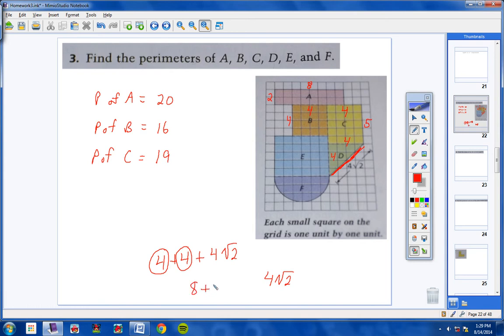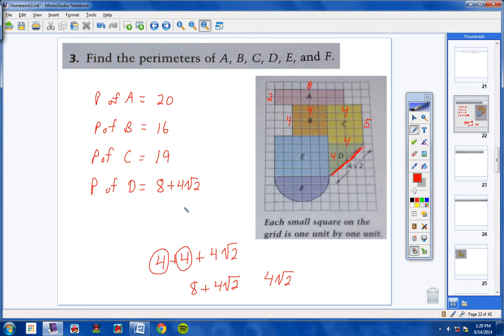But you cannot add the 8 to 4 square root of 2 because this is a radical term. Okay, and so the perimeter of D would just simply look like this: 8 plus 4 square root of 2. You can't add those together.